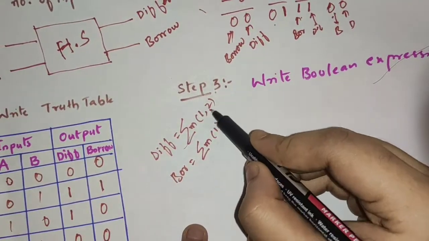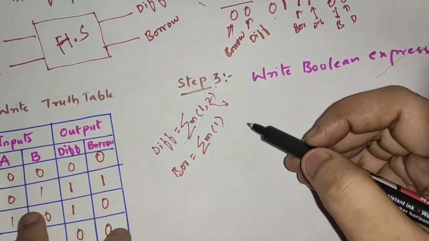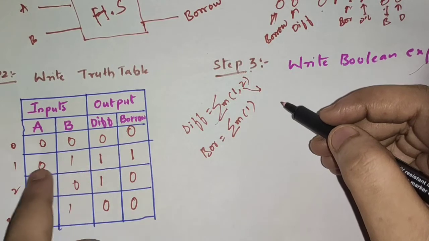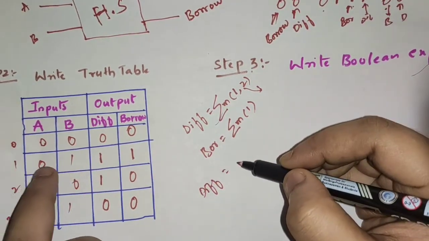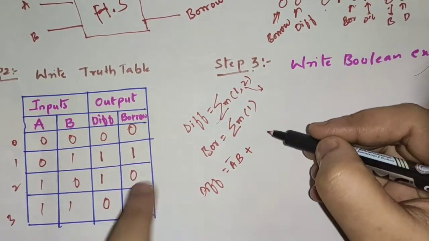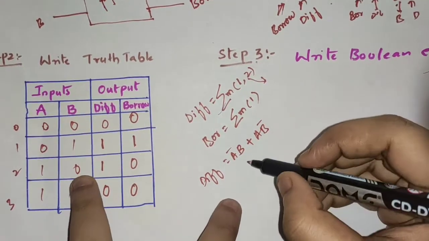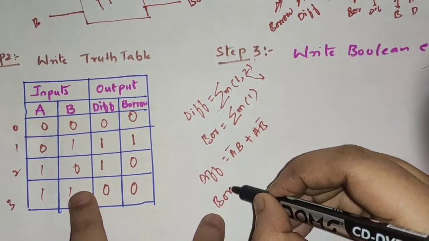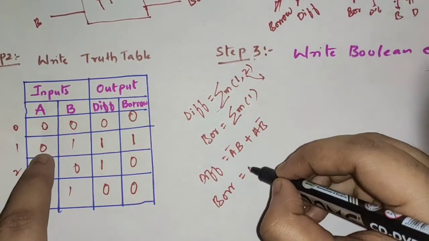Let us write the expression for difference. Minterm 1 is A bar B, and minterm 2 is A B bar. So difference equals A bar B plus A B bar. This is the difference expression, and the borrow is the sum of minterm 1, which is A bar B.